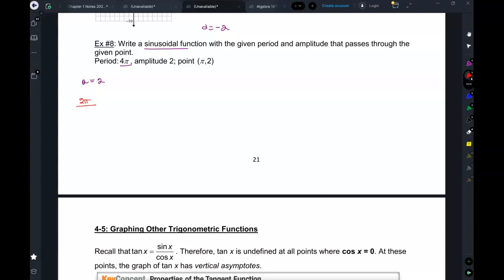So 2 pi over absolute value B is 4 pi. Okay? Now, when you solve for B, you get a half. That means B can either be -1/2 or it could be a +1/2.